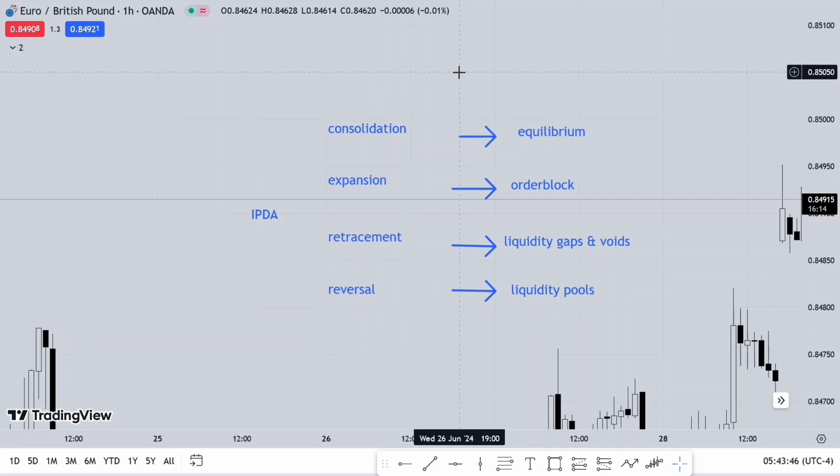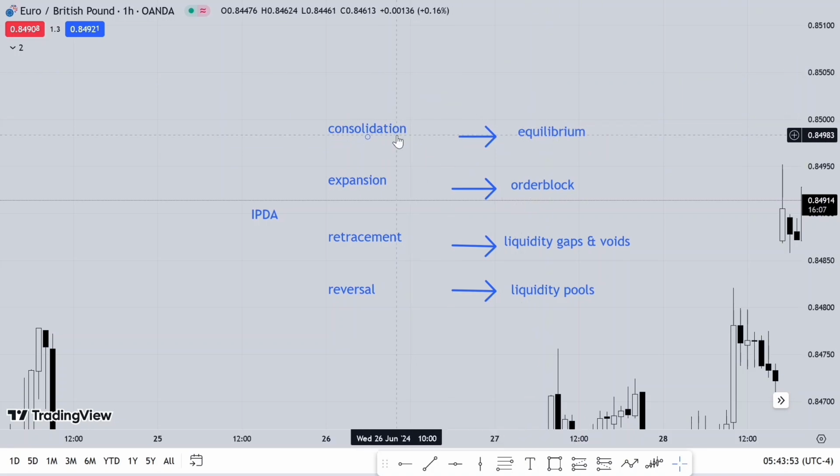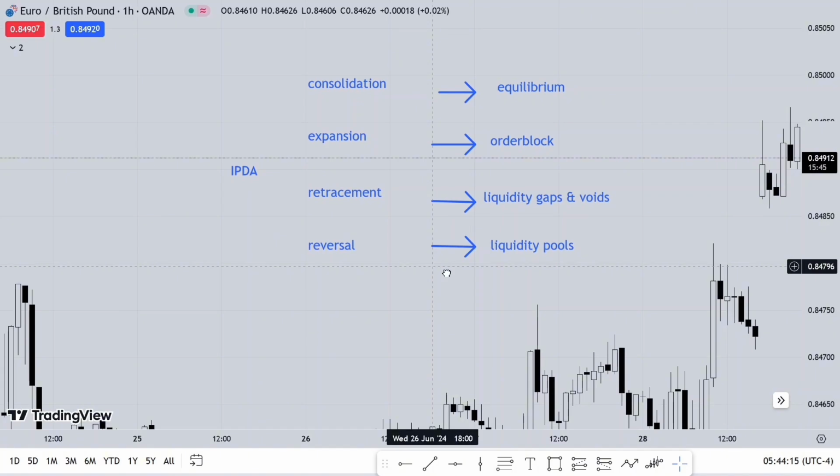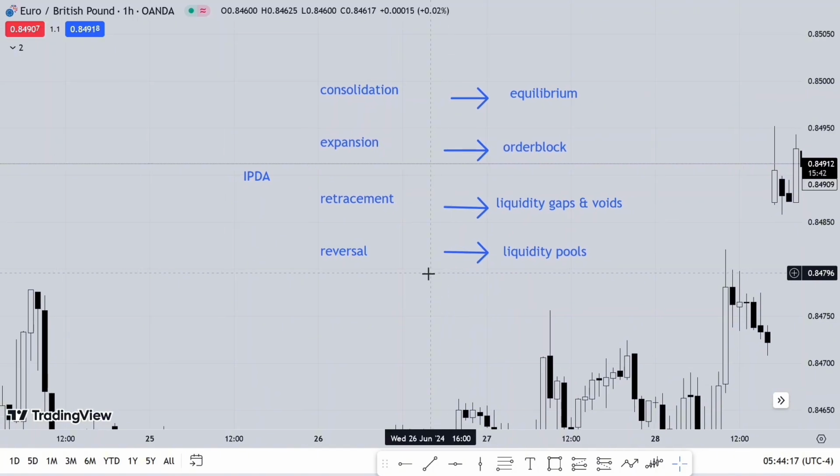So you can be a trader that trades the equilibrium inside of a consolidation, or the order block which was left after the expansion, or you can trade a retracement which occurs after an expansion, using the liquidity gaps or the liquidity void, or you trade the reversal patterns, which is a sweep or a purge of liquidity pools.